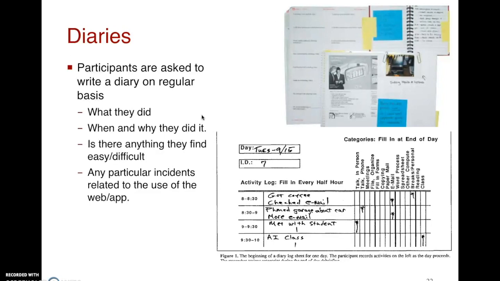Is there anything they find easy or difficult to use in the website or app? And are there any particular incidents related to the use of the web or app? So they have to write that down in these diaries. So it's rather a manual way of recording and reporting the interaction.